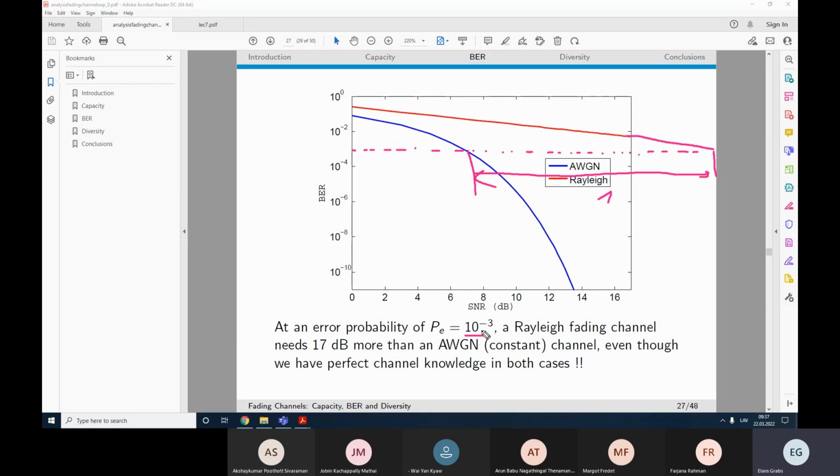This is considered a quite bad channel for this error probability. Good channels should provide minus 5, minus 6. These are channels we can really work with. These are acceptable error probabilities.